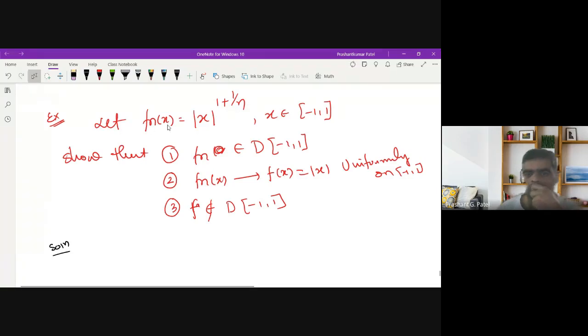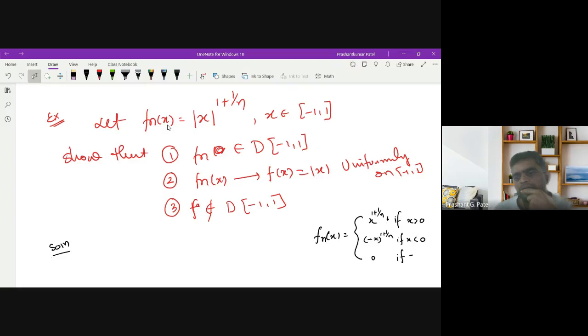Actually, this function is like this: fn of x is x raised to 1 plus 1 by n if x is greater than 0, minus x raised to 1 plus 1 by n if x is less than 0, and 0 if x is equal to 0. If x is positive or x is negative, this function is automatically differentiable. The only problem occurs at x equal to 0.